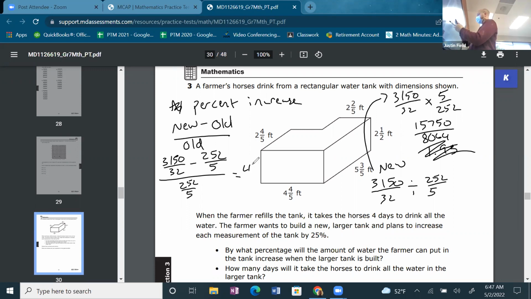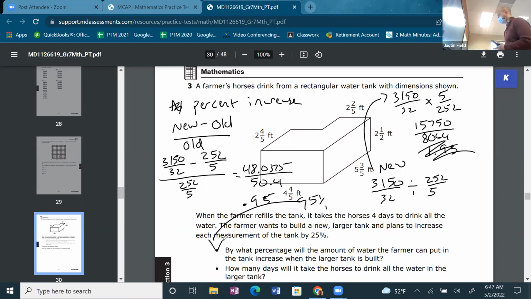So that's about 48.0375 divided by 50.4. Okay, so about 0.95. So it's like a 95% increase. That is the answer to the question.